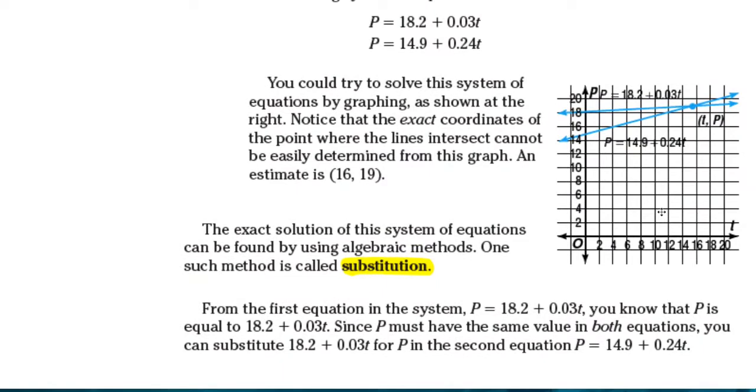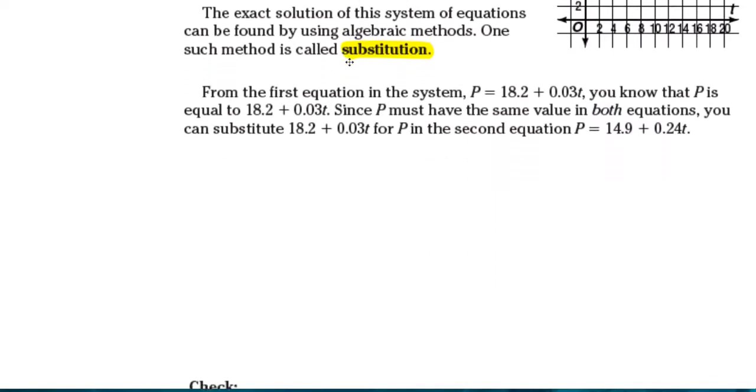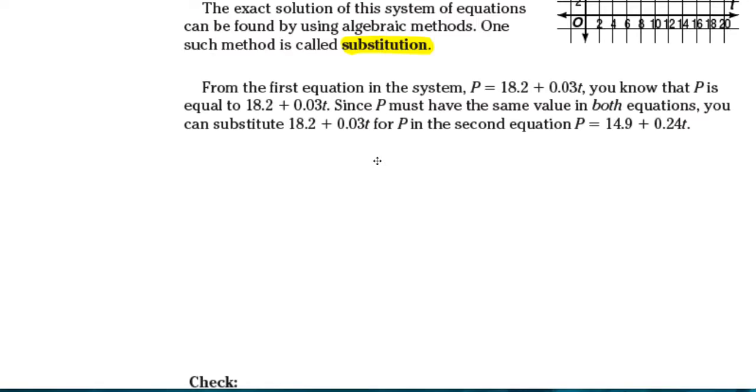Too many P's and T's. So what it's basically saying is this: if P equals 18.2 plus 0.03T, then I can take this entire expression and substitute it for that P.